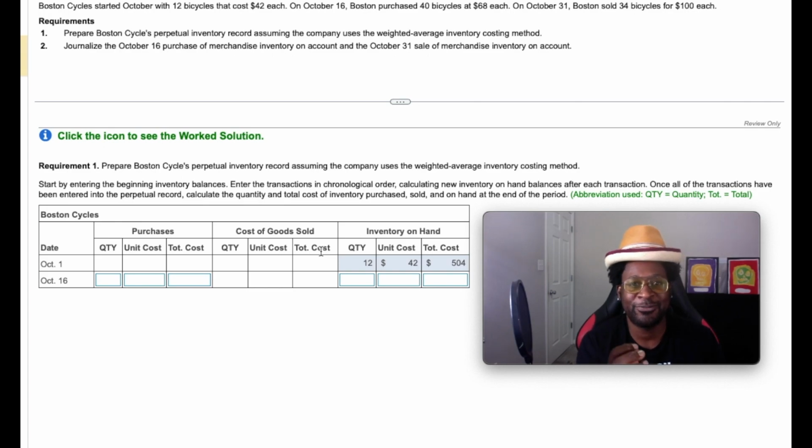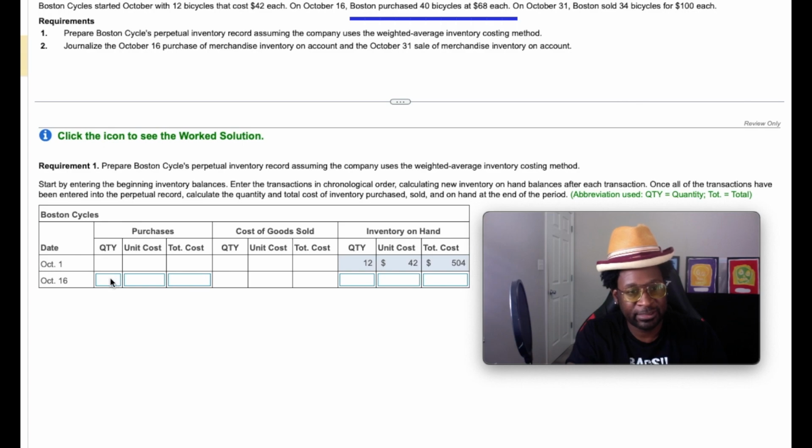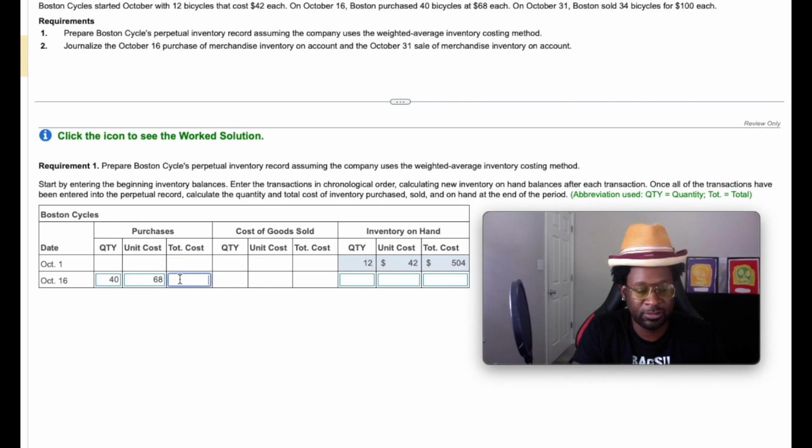Now we're going to account for the October 16th purchase of 40 bicycles at $68. In terms of that particular amount, we just have to simply carry forward the numbers. We know that we made a purchase of 40 bicycles at $68 each, which would give us a total cost of $2,720, gang. No units were sold, so we're going to ignore the cost of goods sold column and focus on our new inventory on hand.